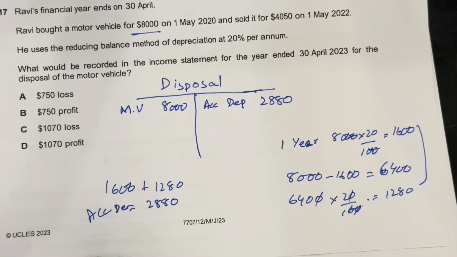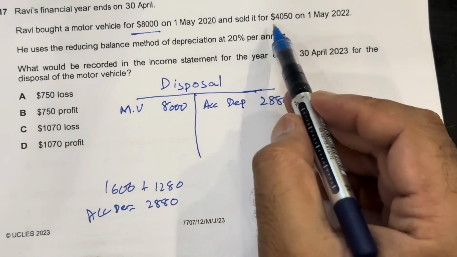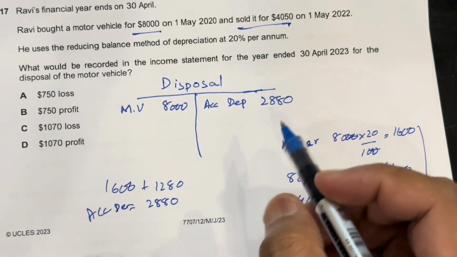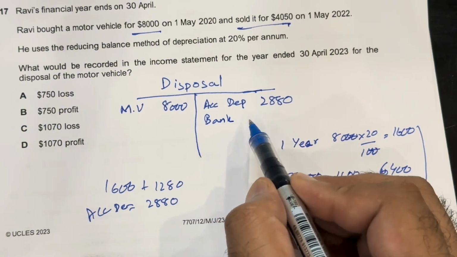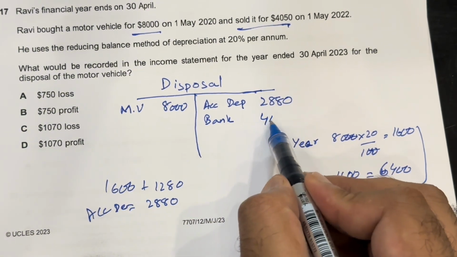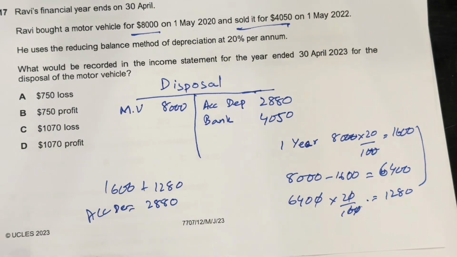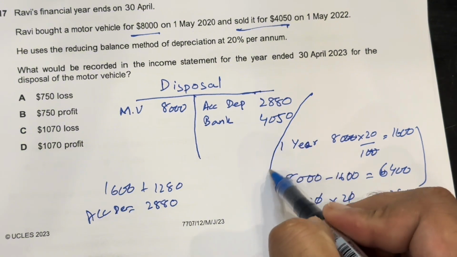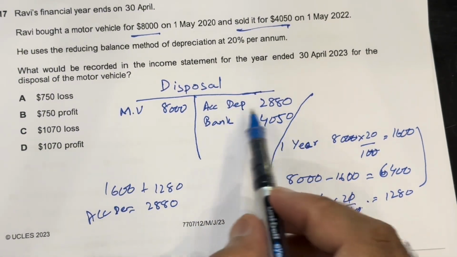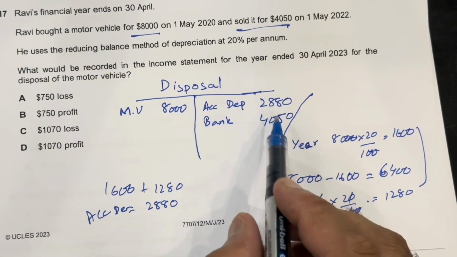Now we know the disposal value, and we have sold it for 4050. So we write over here bank 4050. Okay, now we have to calculate the net balance by balancing figure.